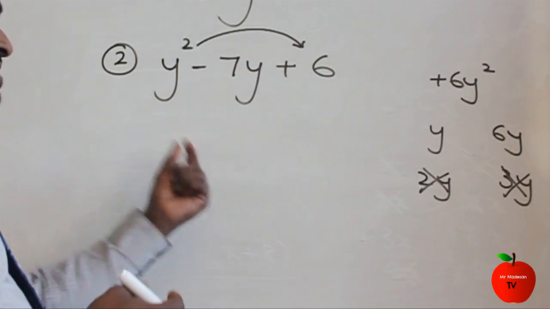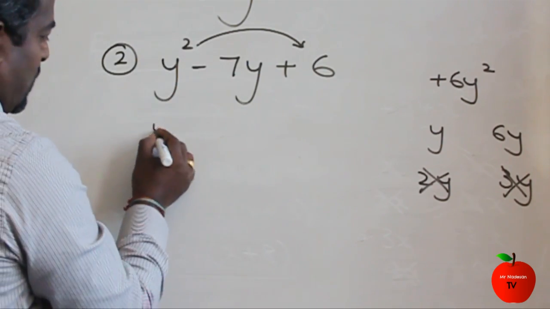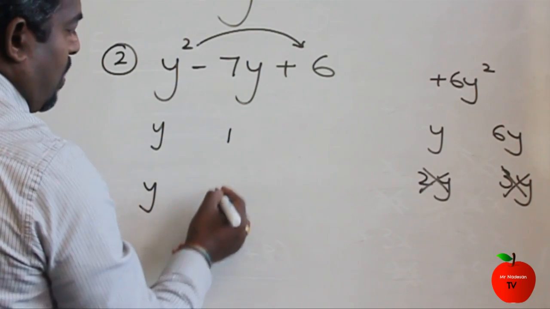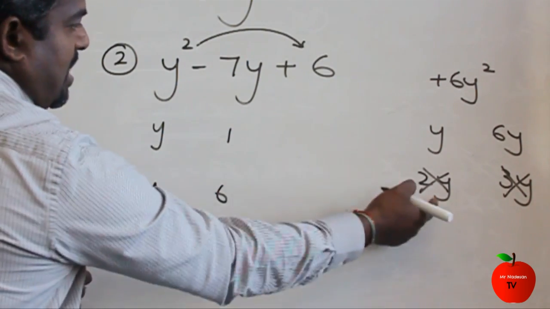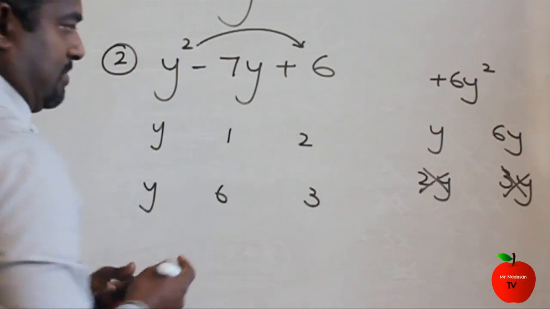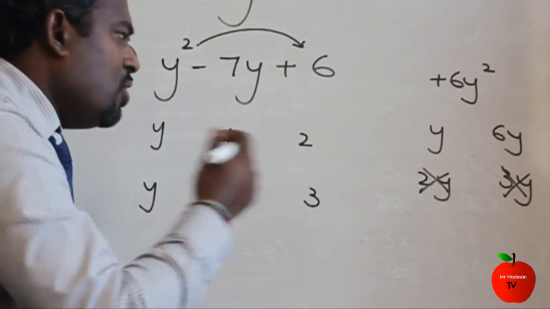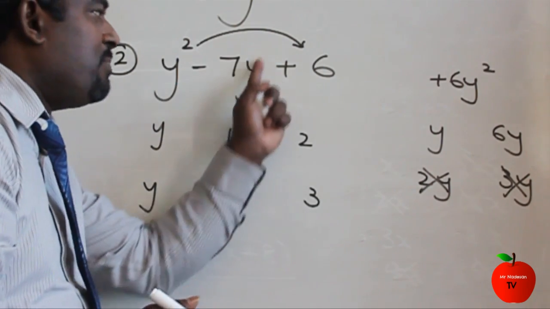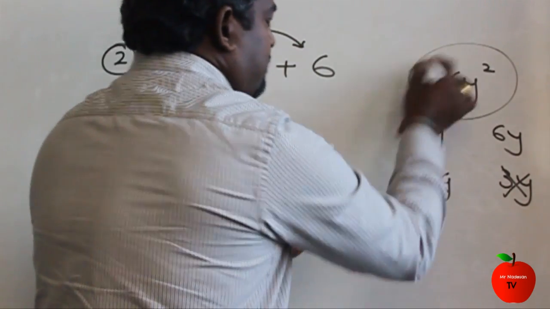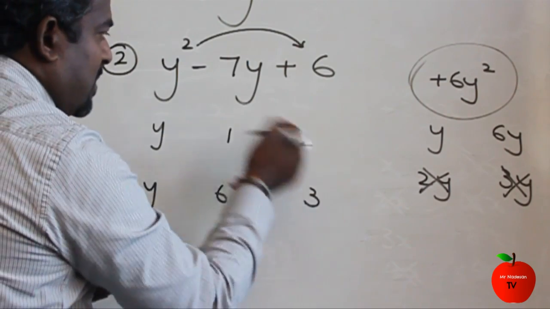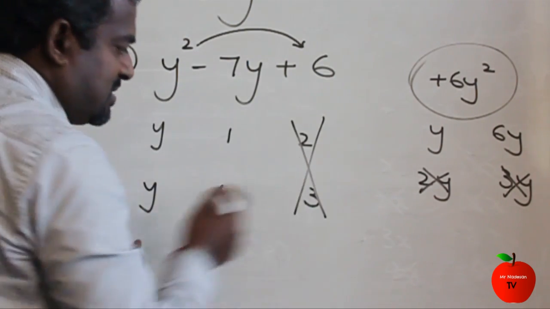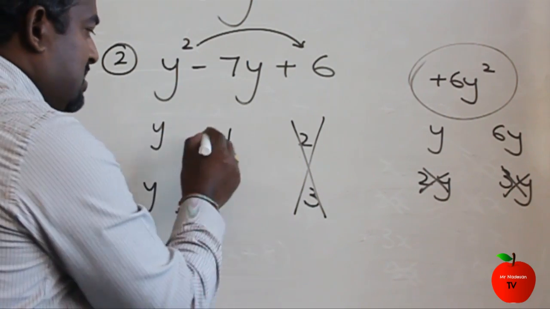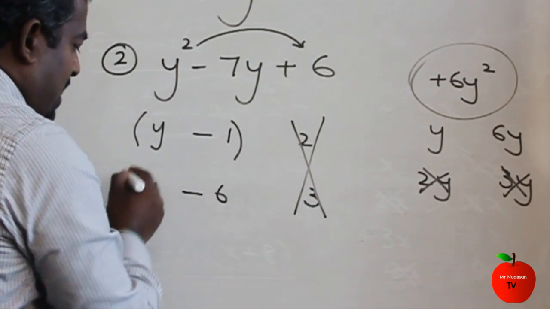But have a look at this second method. Factors for y squared are y and y. Factors for 6 are 1 and 6, and 2 and 3. Now you're looking for what two numbers make 7, because we've got a plus at the end. 3 plus 2 you can't make 7, so we don't want this. 6 plus 1 you can make 7. We need minus 7, so both minus, and close the bracket.